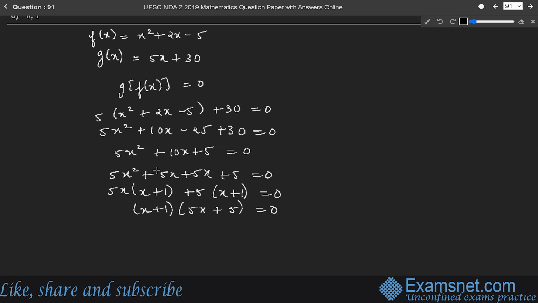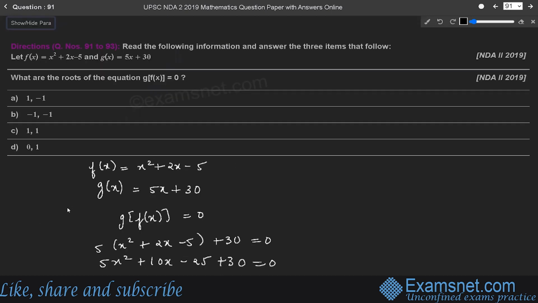So we can say that 5 into (x plus 1) into (x plus 1) will be equal to 0. So either x plus 1 is equal to 0 or x plus 1 is equal to 0. So in both the cases, x will be minus 1 and minus 1. Hence the roots of the equation g of f of x will be minus 1 comma minus 1. Therefore, the correct option will be option number B here.